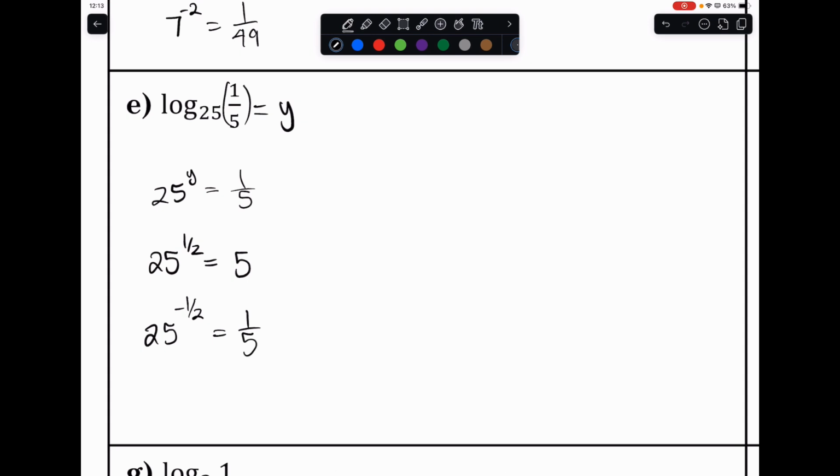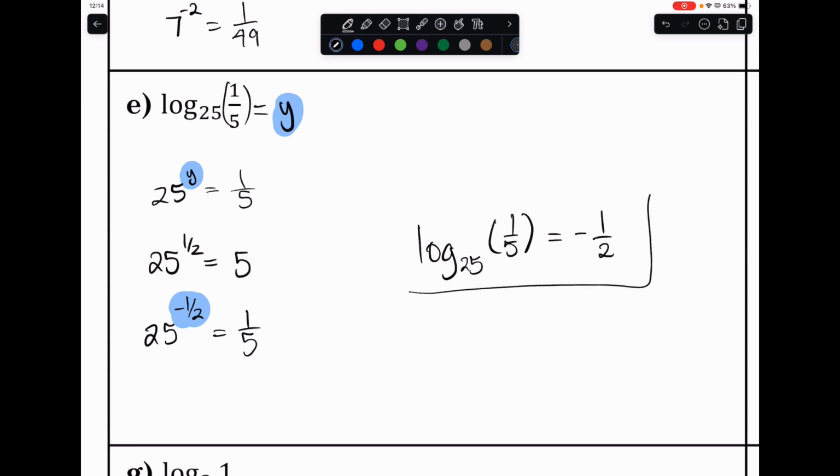So using that, I now know that the exponent I have to raise 25 to in order to get the fraction 1 over 5 has to be negative 1/2, which means that this value of y has to be negative 1/2, and that correlates back to the original log expression, which would simply equal negative 1/2 since we need to get the reciprocal.